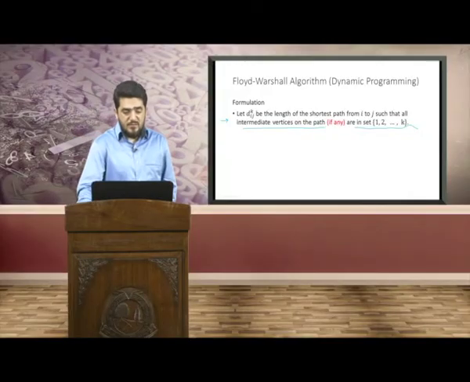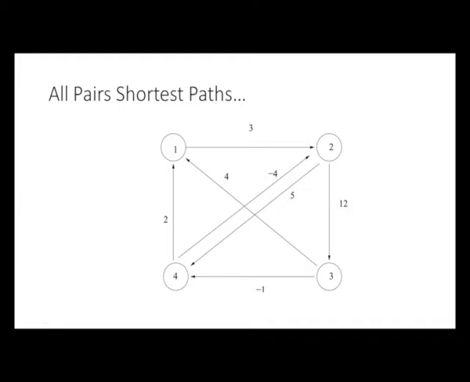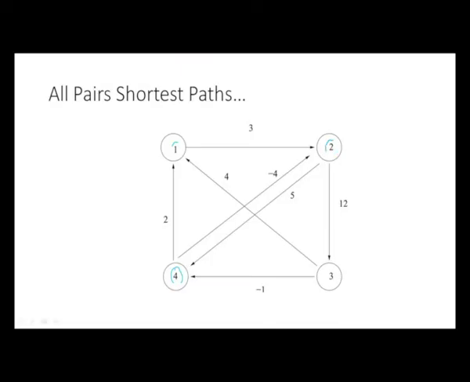So what does this basically mean? Let us consider our earlier example. If we consider this node 4 and this node 2, I will write something like this, d 4 comma 2.